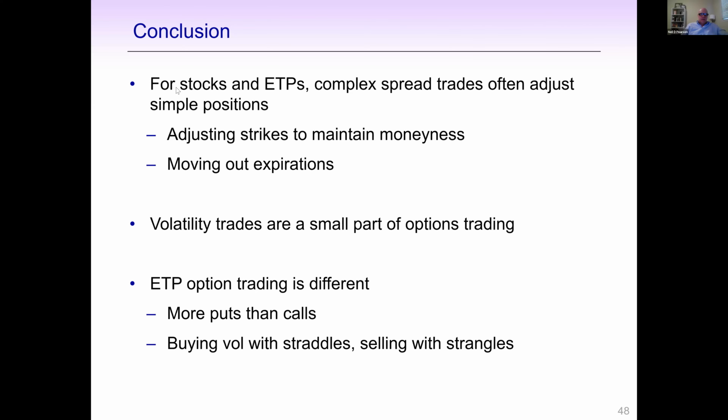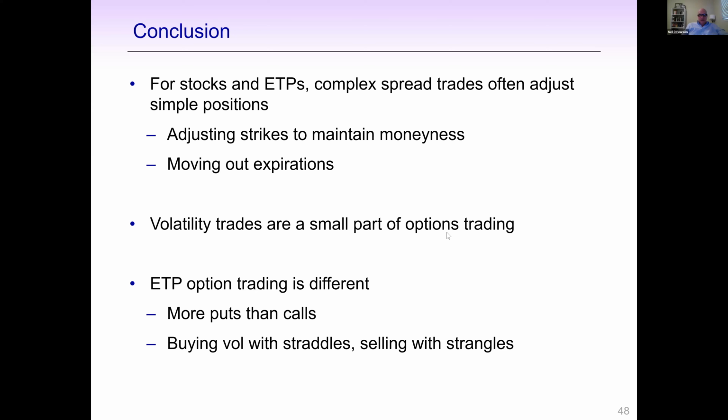And the main takeaway from our open interest regressions is that for stocks and ETPs, the majority of the trades are vertical, calendar, and diagonal spreads, and these appear to be primarily executed not because the investors want the risk provided by the complex package, but rather to adjust simple positions.